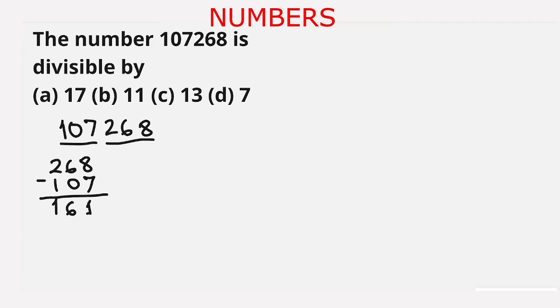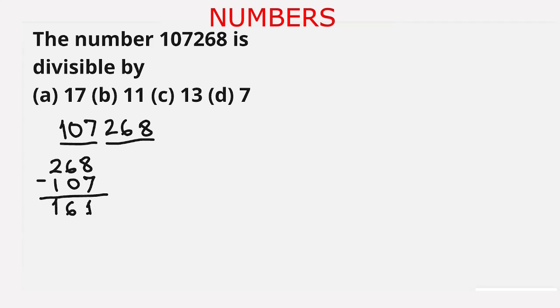This is also not divisible by 11, as 11 times 1 is 11 and balance is 5. We carry 1. 51. 51 is not divisible by 11. If we divide it by 13, 13 times 1 is 13. 16 minus 13 is 3, and we carry 1, and the number becomes 31. And 31 is not divisible by 13.